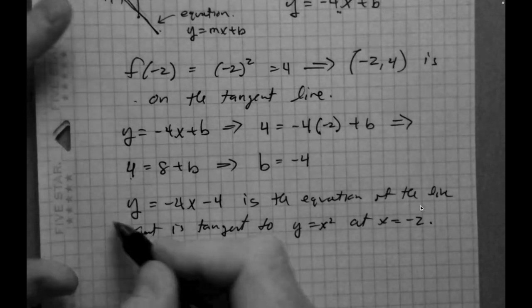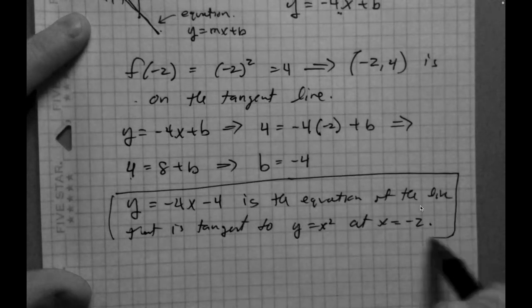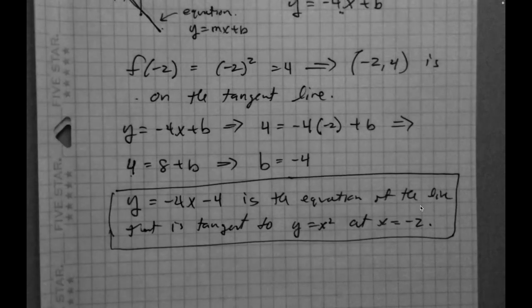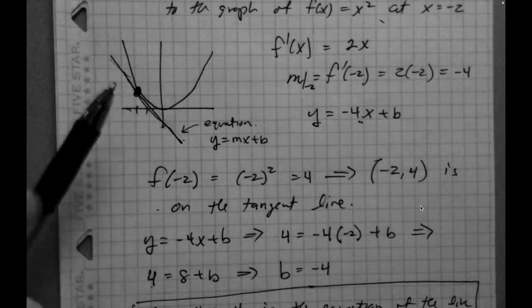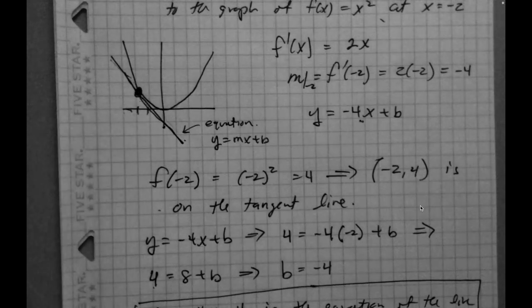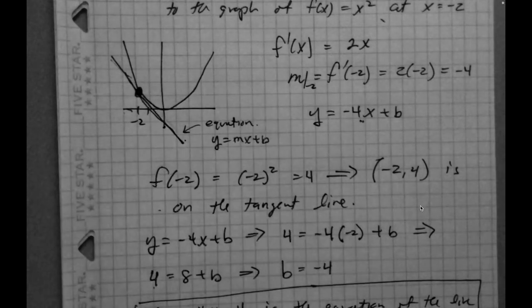Okay, so a lot of words there, but make sure that's clear. All right, so we're saying I want to know the line that cuts through this parabola at exactly x equals -2. And I want to know the equation of that line, right? And to do that, I need the slope, which means I need the derivative of x squared.